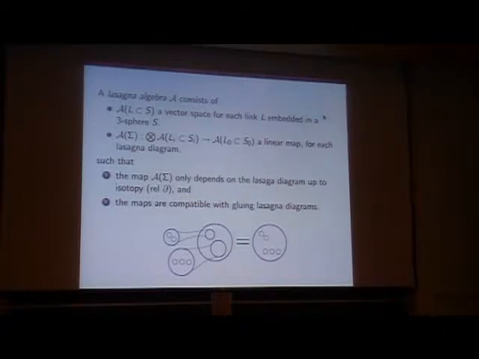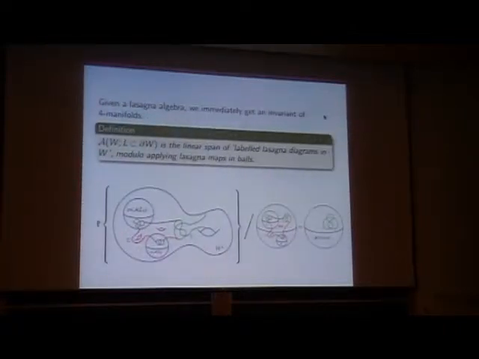What can you do with lasagna algebras? Well, completely trivially, you get an invariant of 4-manifolds. So I'm just going to define this vector space now associated to a 4-manifold. This vector space is a linear span of labeled lasagna diagrams in the 4-manifold, modulo applying lasagna maps in balls.